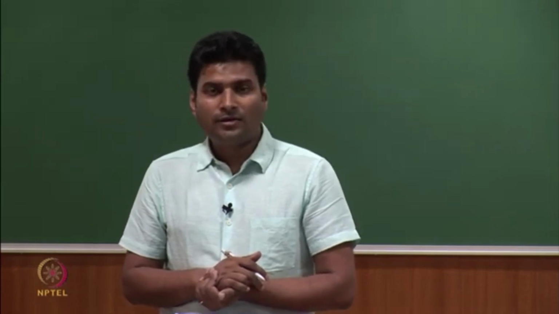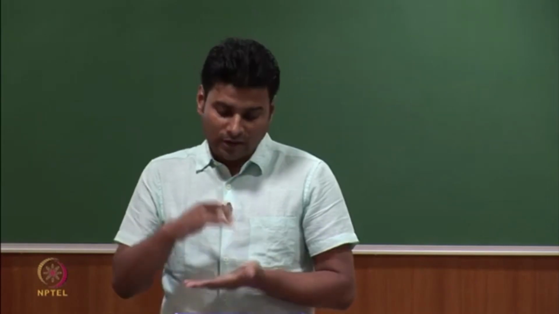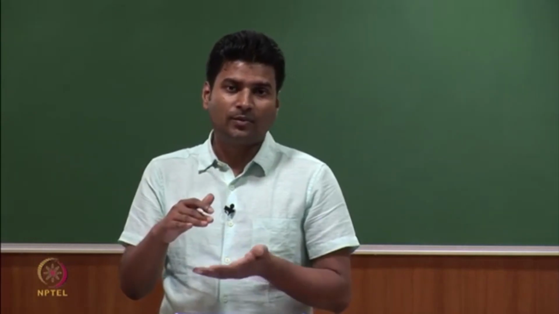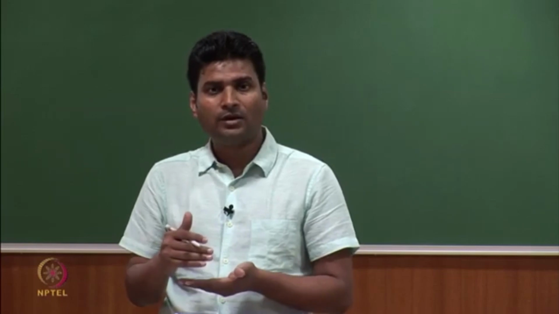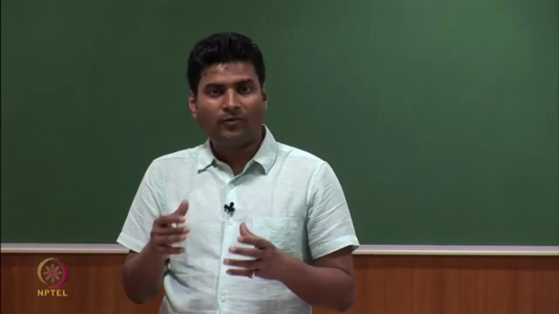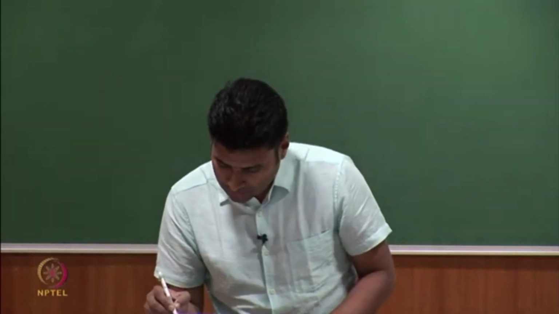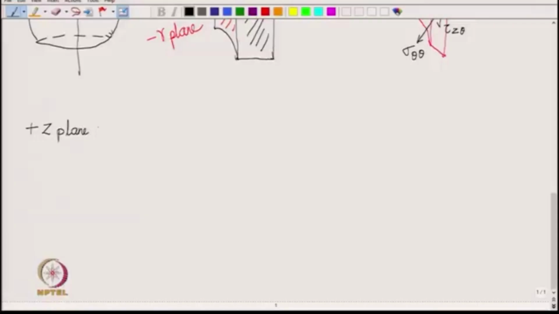So, just like earlier, we start with each of the faces. Let us start with the z face, plus z and minus z plane, and find out the total force due to the traction. Okay. So, on plus z plane, what will be the traction?